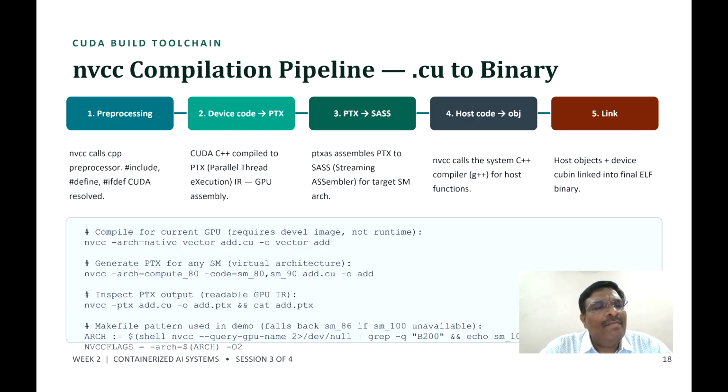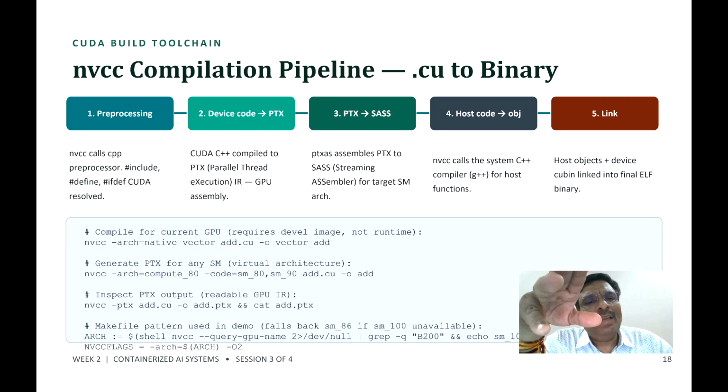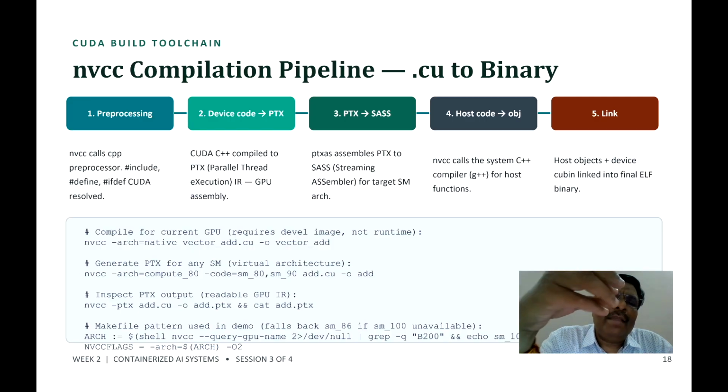What I am trying to show you here is the preprocessing, where NVCC calls the C++ file. There are preprocessor statements like hash include, define, all of which are resolved. Then in the NVCC compiler, the first step is that your CUDA C++ program is compiled to a PTX format, which is the parallel thread execution, an assembly level program for the GPUs.